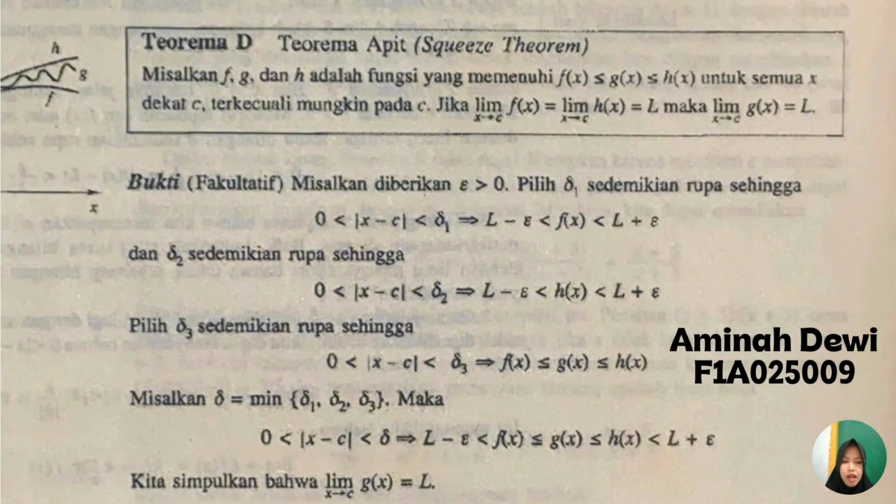Therefore, the limit as x approaches c of g of x equals L.